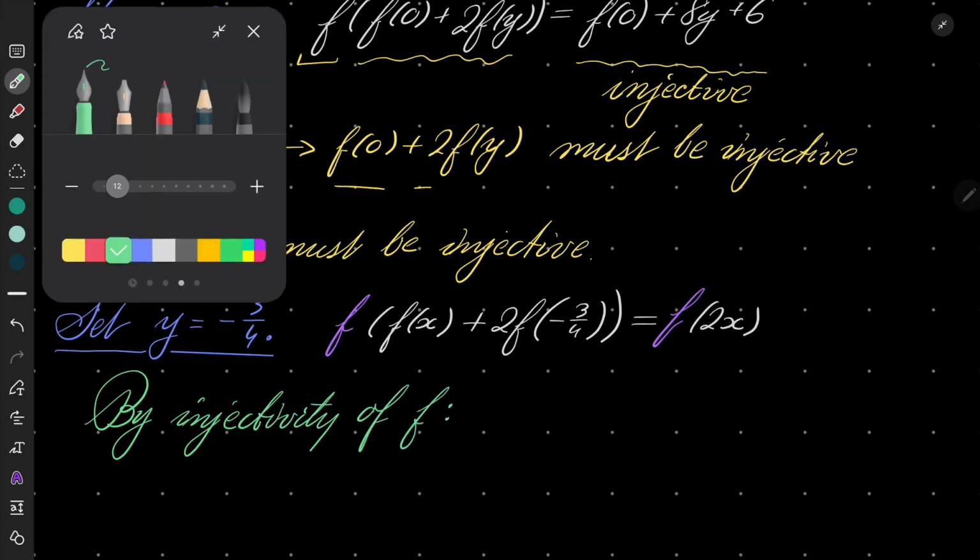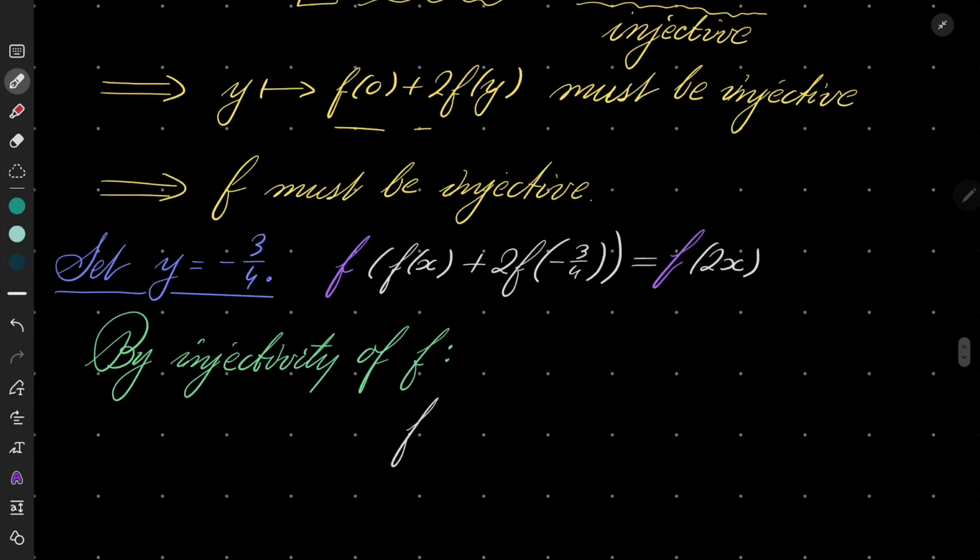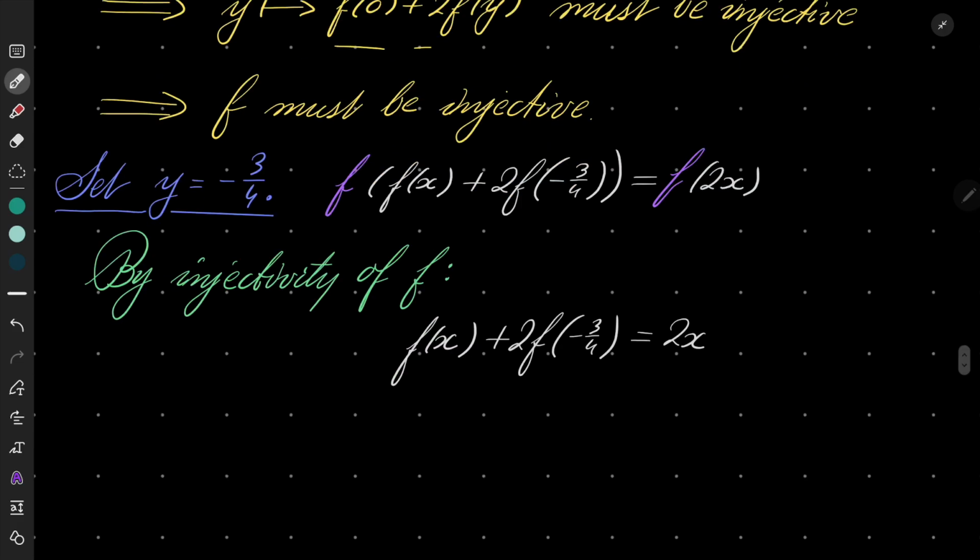The arguments must be equal, which means that f of x plus 2 times f of minus 3 over 4 equals 2 times x, which means in turn that f of x equals 2x minus 2 times f of minus 3 over 4.